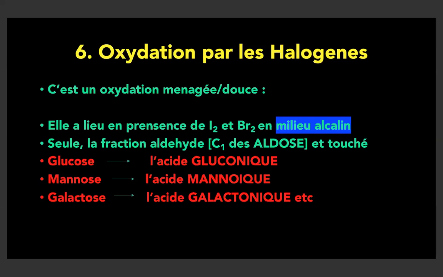For oxidic, we have furanose, also known as furan, and we also have pyranose. So we have the glucose that forms gluconic, the mannose forms mannonic, and the galactose forms galactonic. Any questions?